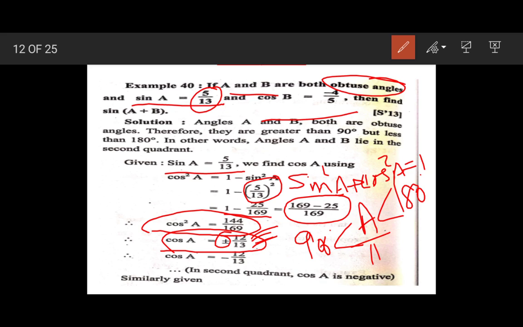That means the angle is in the second quadrant. In the second quadrant, is cos positive or negative? Cos is negative. So therefore cos A is equal to minus 12 upon 13.